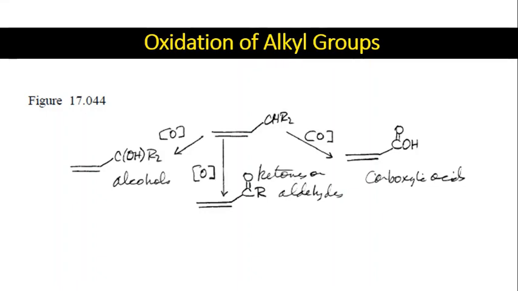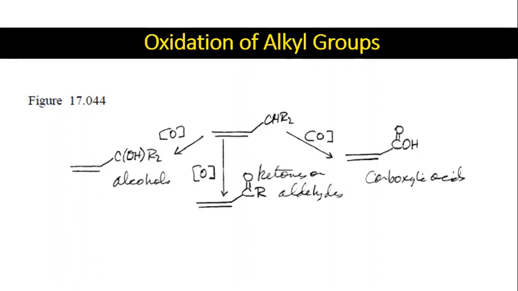Similarly, there is also a possibility that the central carbon is oxidized, resulting in the ketones. So there is only one reactant and we have three kinds of products. So three possibilities for this reaction when it is subjected to oxidation.